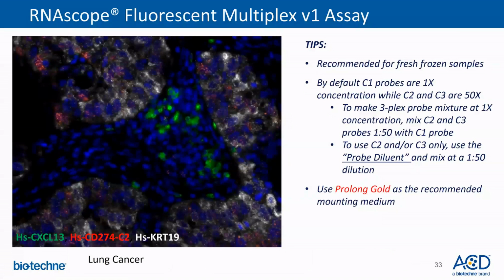As I mentioned previously, the C1 probes are in 1x concentration by default, while C2 and C3 are 50x. To make a 3-plex probe mixture at 1x concentration, please dilute the C2 and C3 probes 50 times using C1 probe. If using only C2 and or C3 probe, use the probe diluent and mix at a 1:50 dilution.